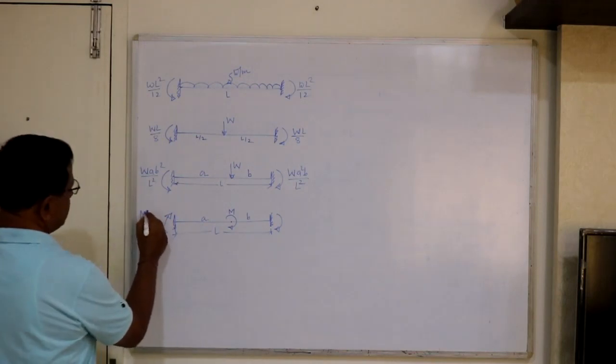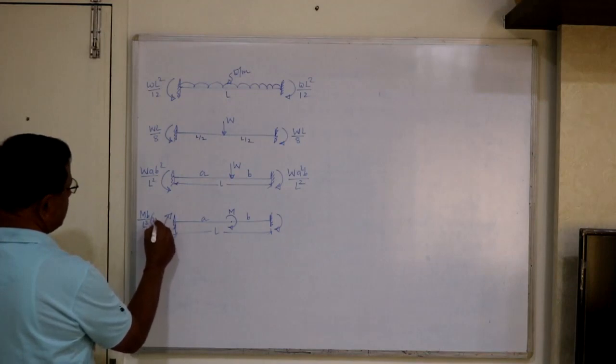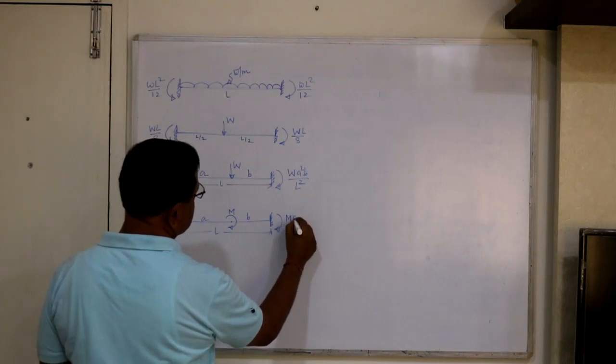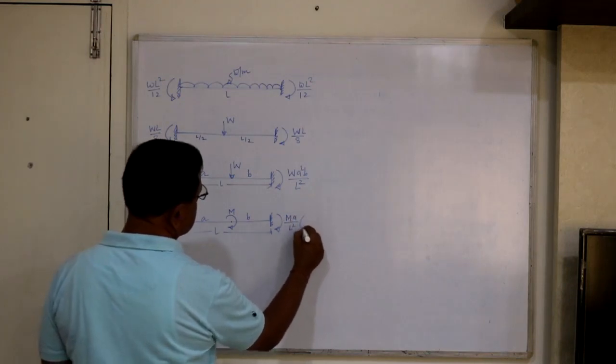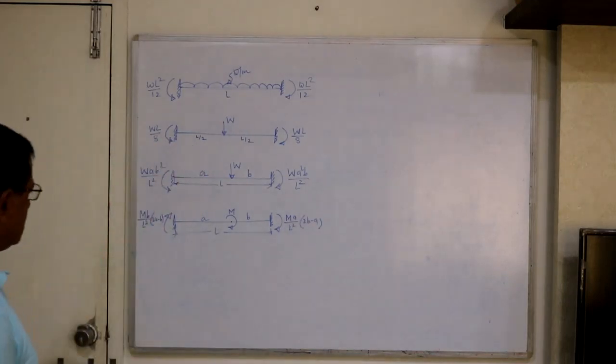So this will be MB upon L square into 2A minus B. Similarly, here M into A divided by L square into 2B minus A, due to the concentrated moment.